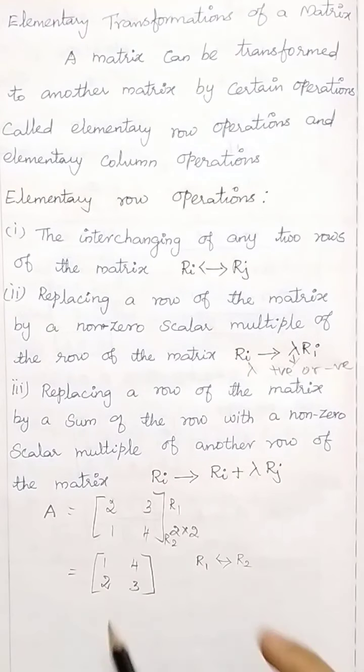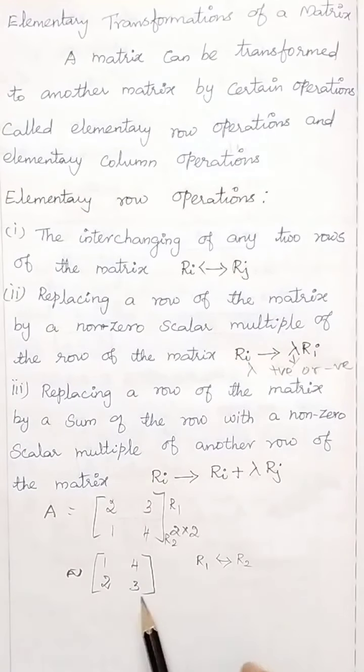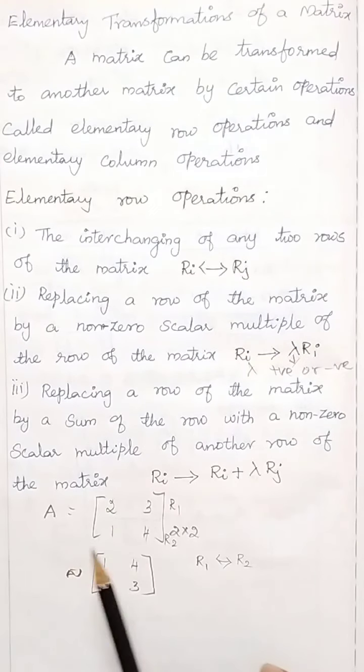This is not an equal matrix, that is an equivalent matrix, because the order of these two matrices are the same, but elements only differ. If corresponding elements are equal, two matrices are equal, but if only the order is equal, that is called an equivalent matrix, right?